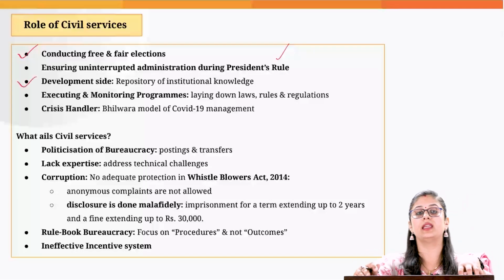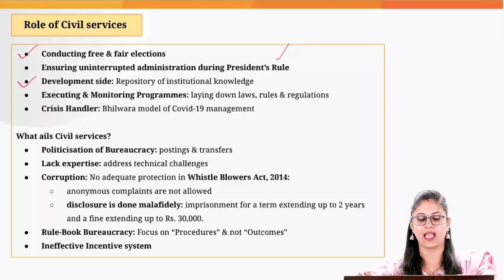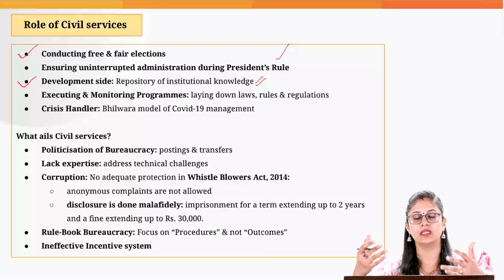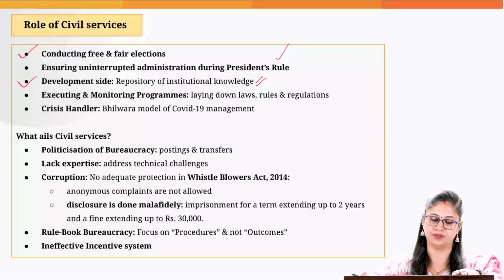Then they help in formulation of welfare policies, as they have the repository of institutional knowledge. They help the ministers and the government to figure out the areas which need intervention, what all alternatives could be there, what needs to be done to address a particular issue.